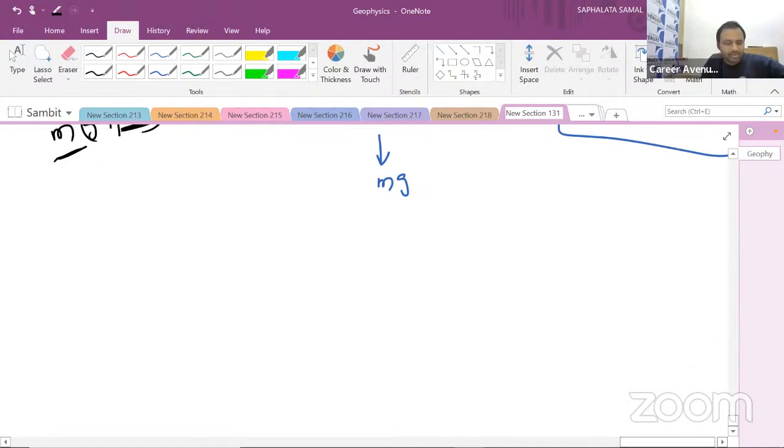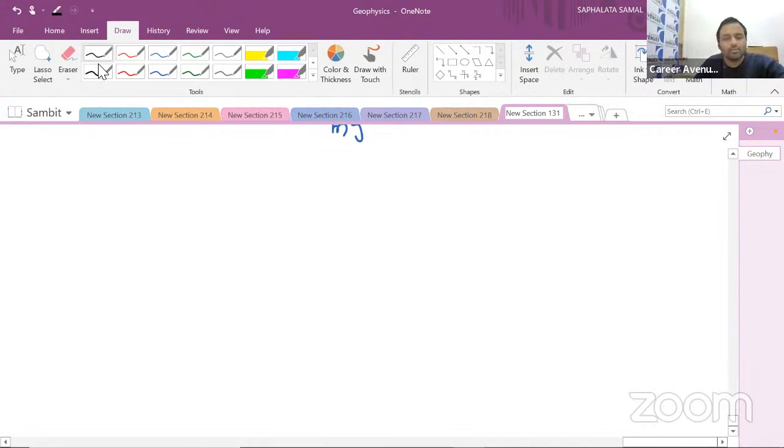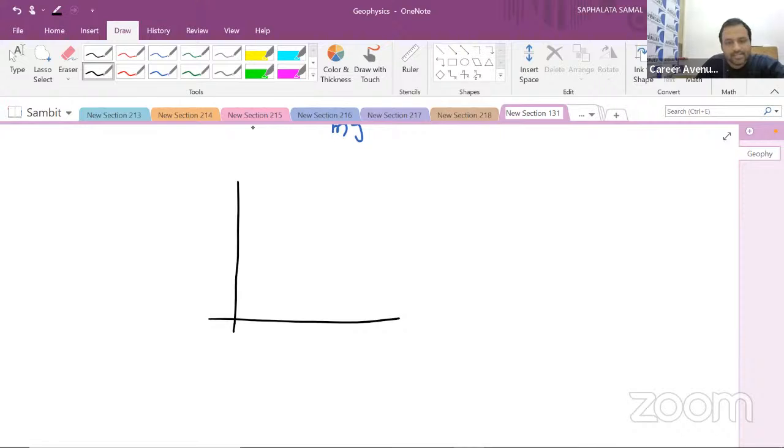In the unstable gravimeters, however, we have a restoring force which will keep the gravimeters in a perpetual movement. For example, let's say we have a spring attached like this, and a mass is attached over here, let's say M. With increase in g, this mass will go downwards.